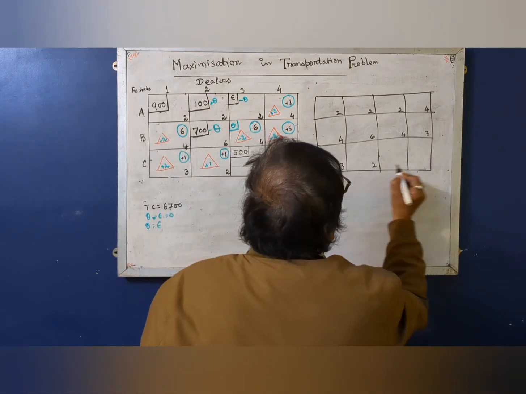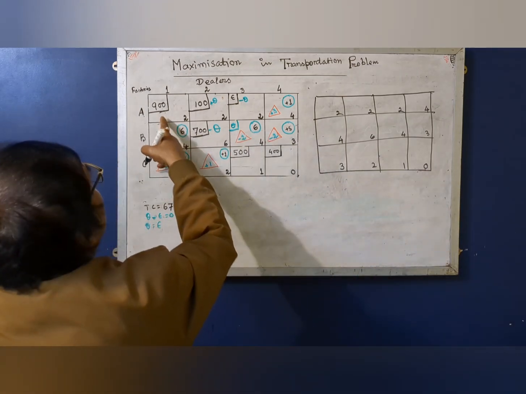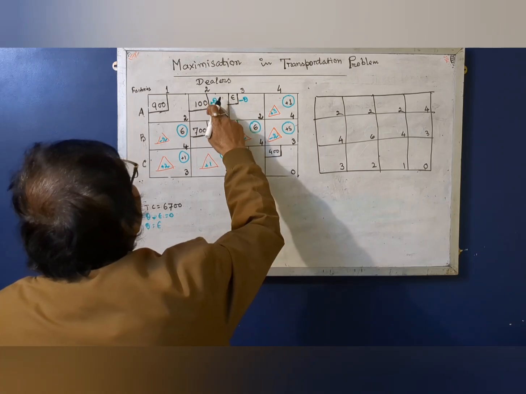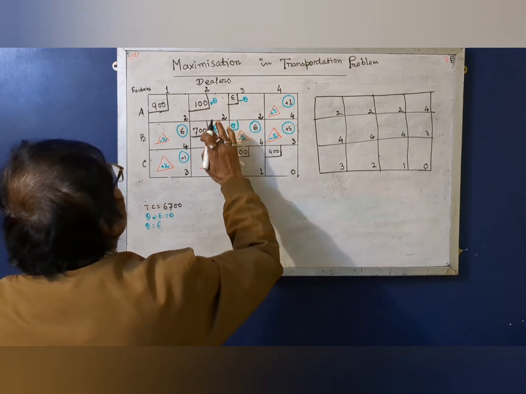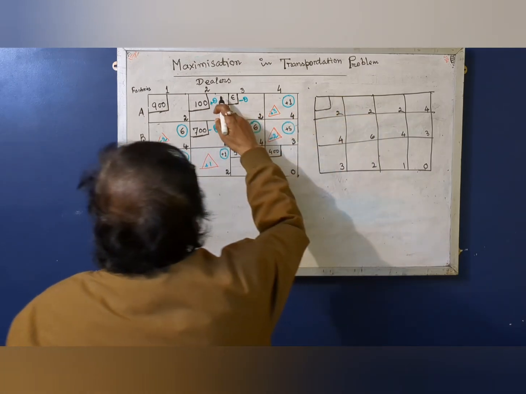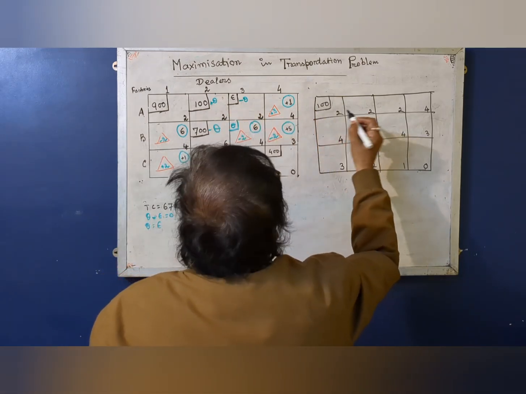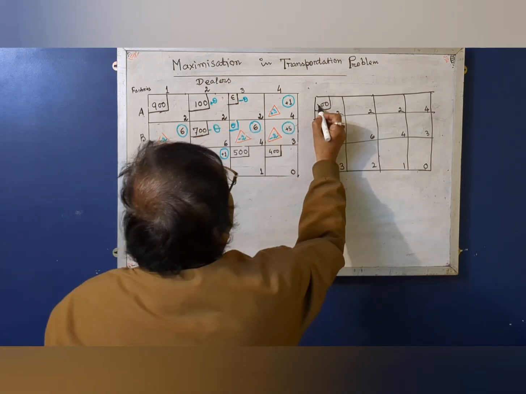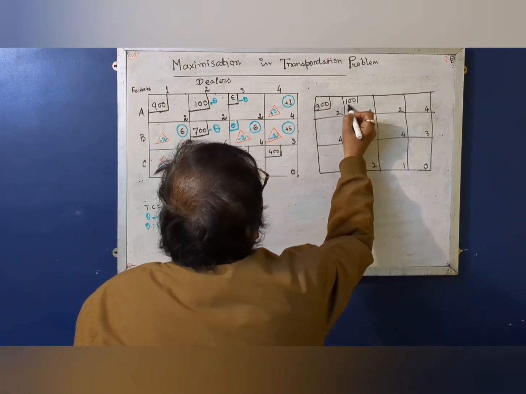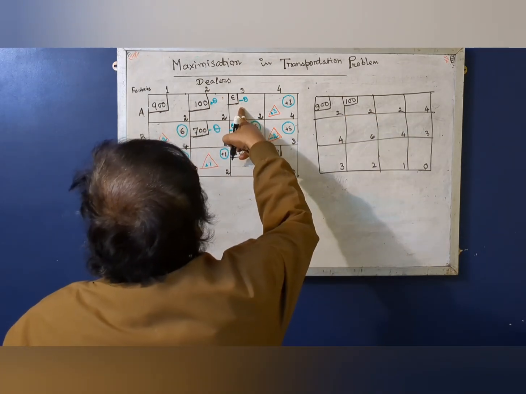And the allocation is, as epsilon is very negligible, if you add epsilon with 100, it will remain 100. Then the value will not change because it is a micro value. Sorry, this is 900. 900, 100, and that will be equal to 0. It will be dropped.